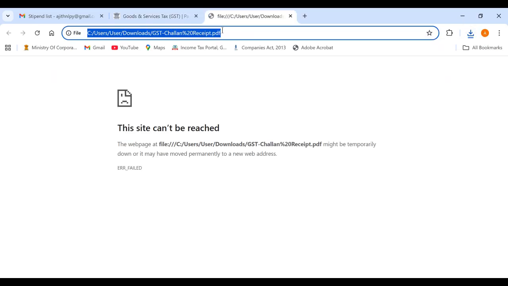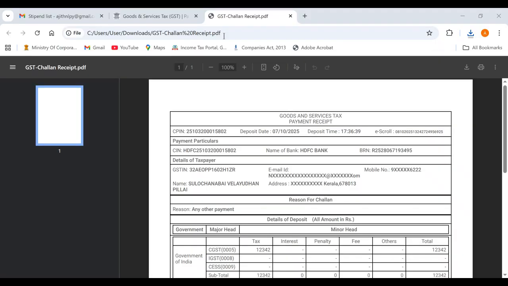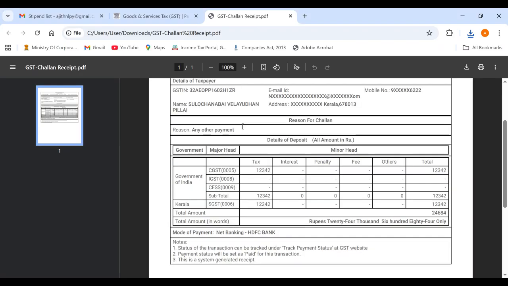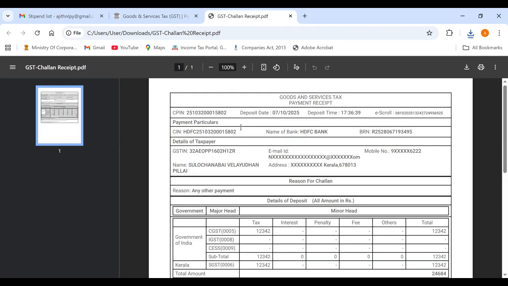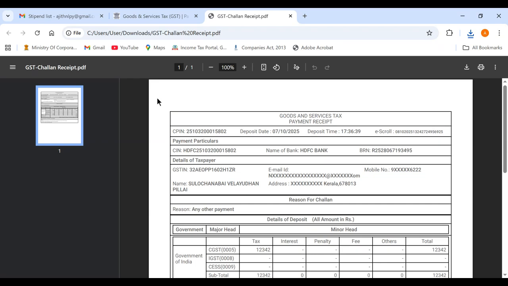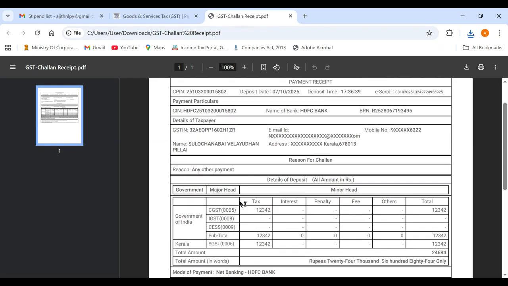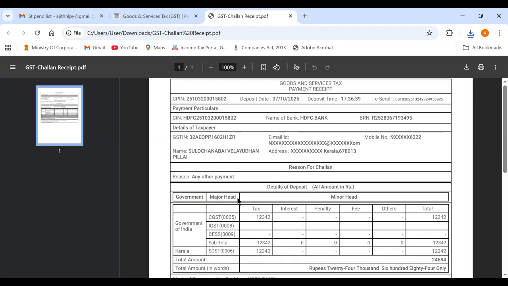To download also, you may see the challan. This is the challan that you would be required to pay on a quarterly basis.